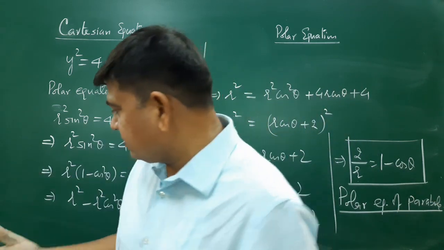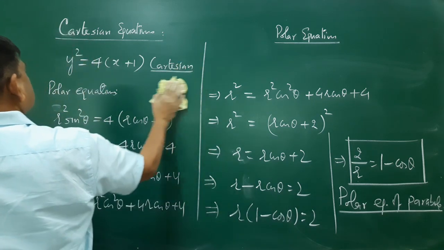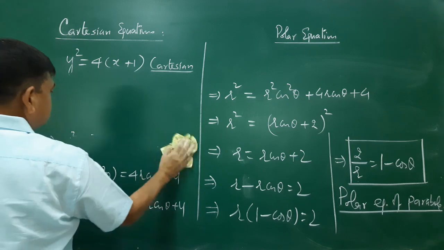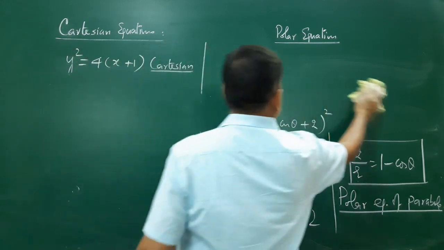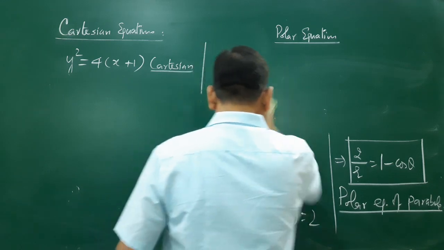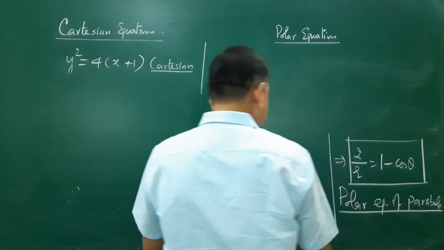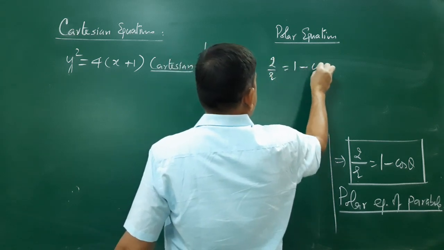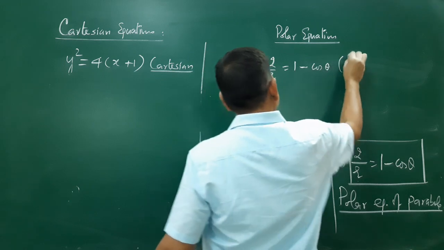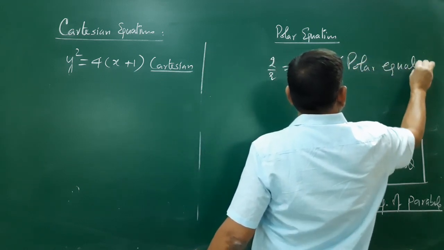Okay, now the reverse calculation. 2 upon r equals 1 minus cos theta. Polar equation, okay?